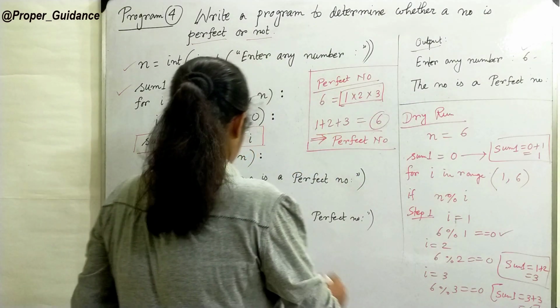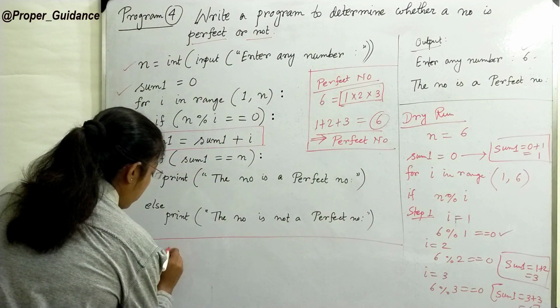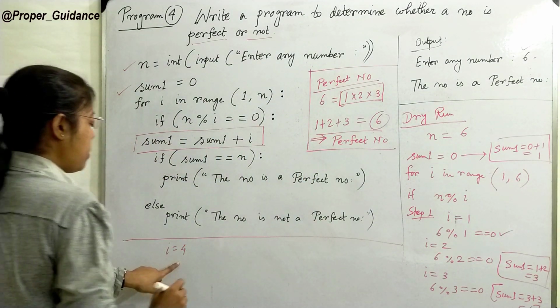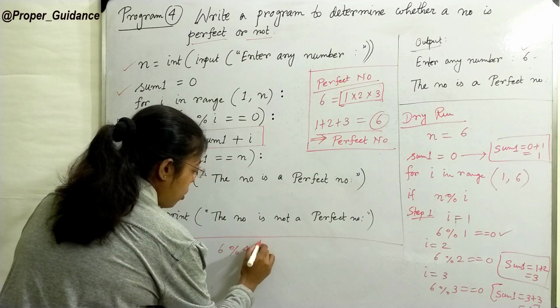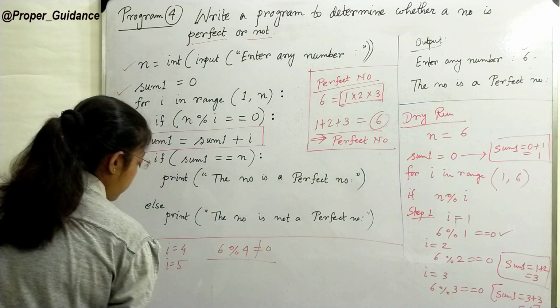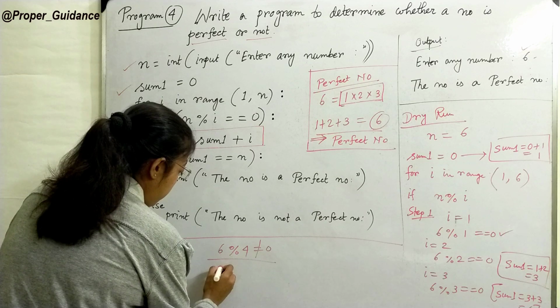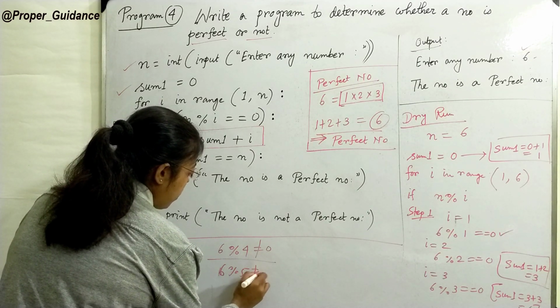Now see, one more thing: the value of i will change to 4. Is 6 divisible by 4? 6 modulus 4 is not equal to 0, right? And again, i equals 5. 6 modulus 5 is not equal to 0.